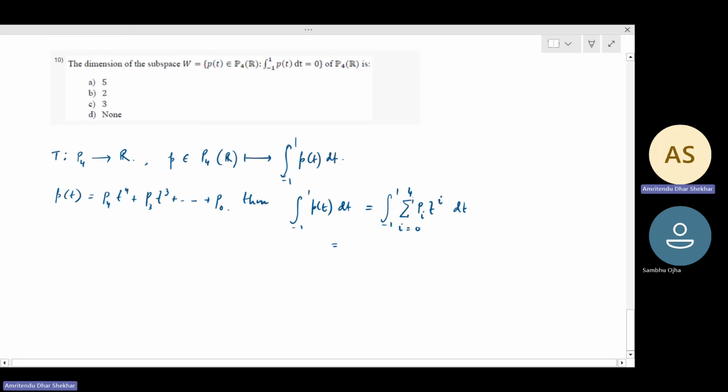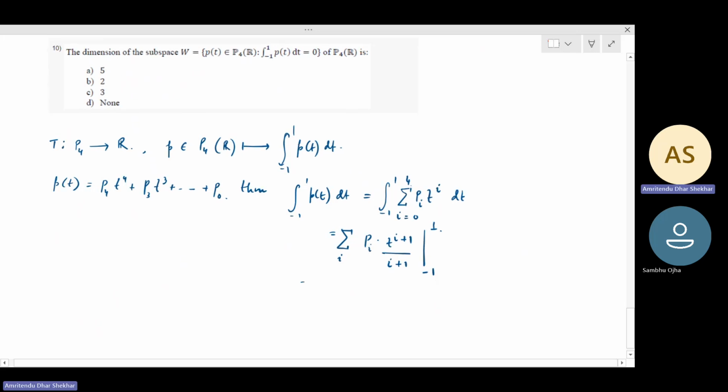If you carry out the integral, this is equal to the sum over i of p_i t^(i+1)/(i+1), from -1 to 1.